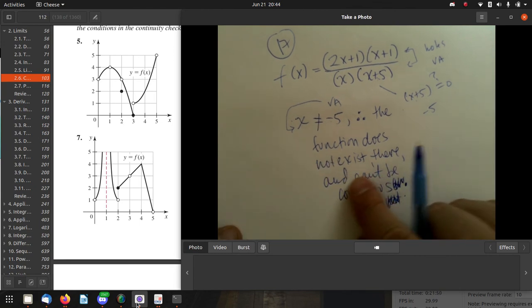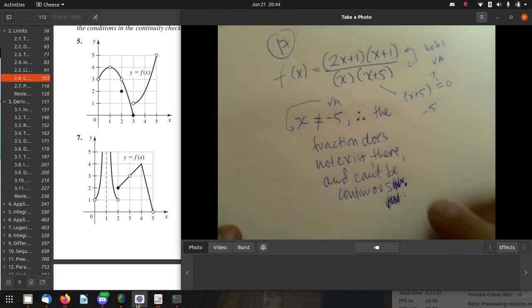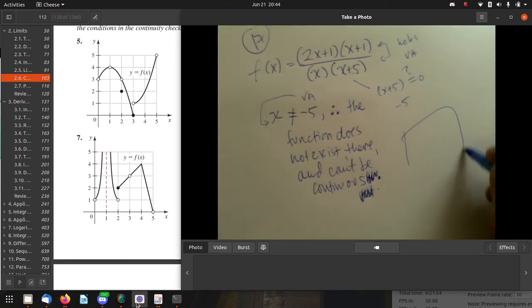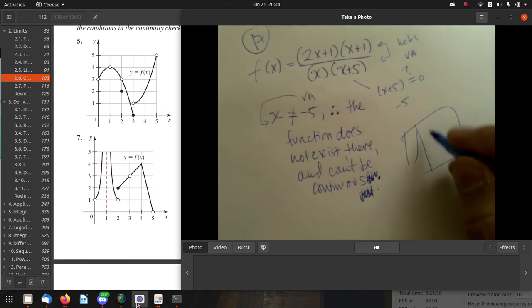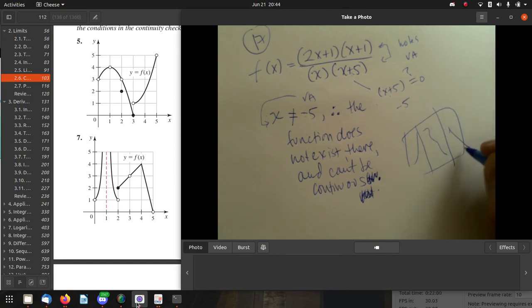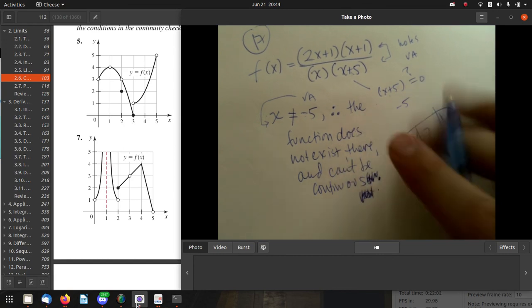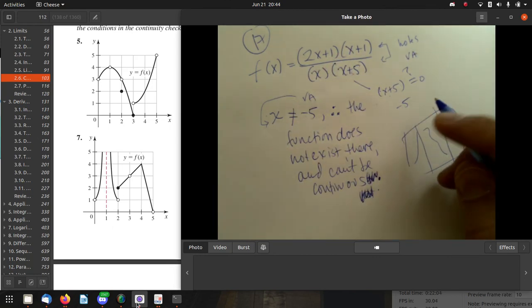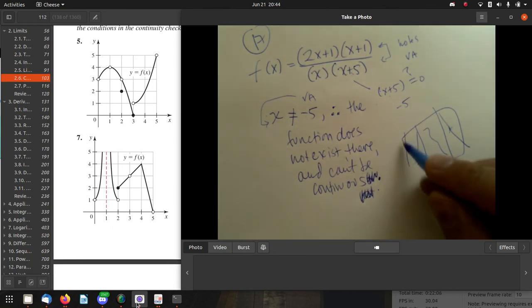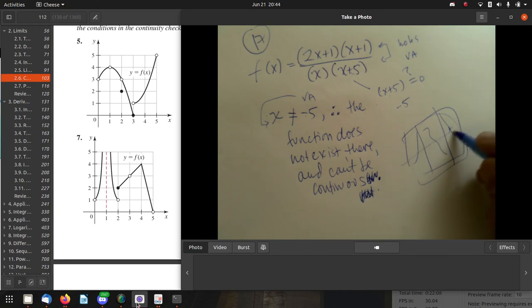So no, it can't be continuous. If it doesn't exist there, it's end of story. Again, you're thinking of the totality of the function f, which might have some stuff and a vertical asymptote, some more stuff and another asymptote, and then some more stuff. Who knows what it looks like, right? We're not talking about this in particular. And when you're talking about that totality, you're talking about the continuity on the interval the function's defined, which spans from points over here to points over here.